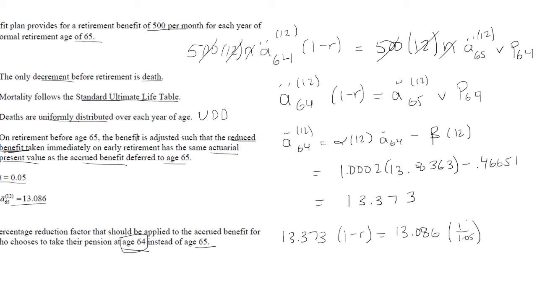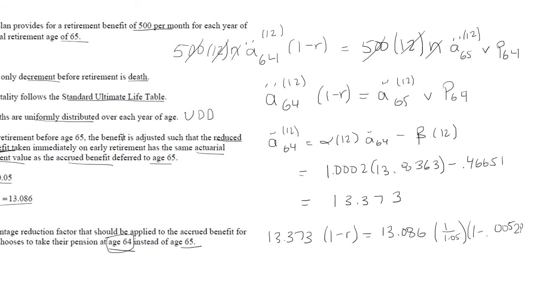And the probability we survive age 64 will be 1 minus 0.005288. So when we solve for R, we end up getting 0.072986, and we want R as a percentage, so that would be 7.3%.